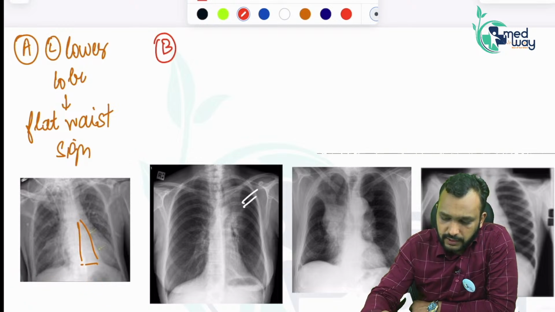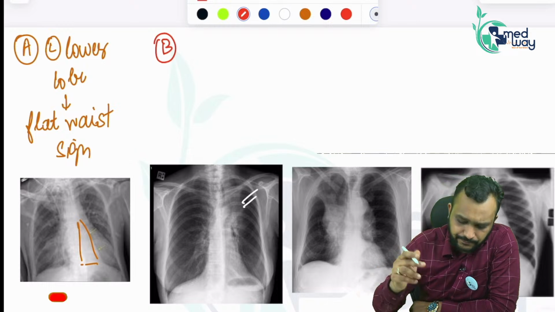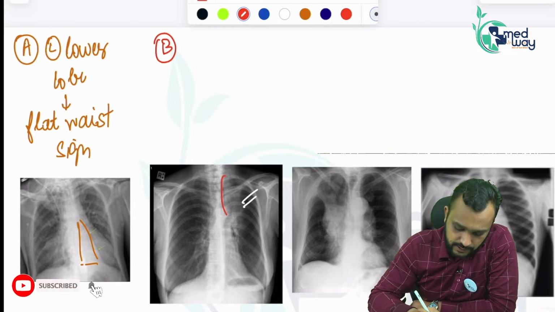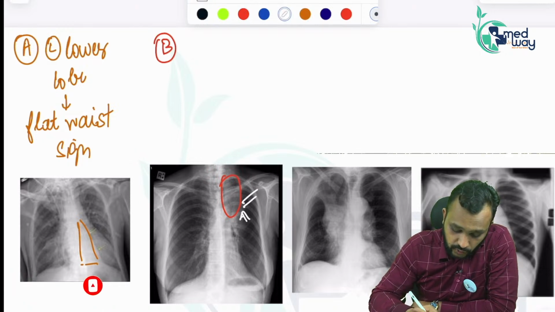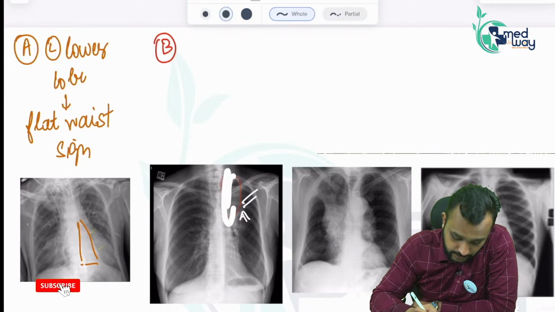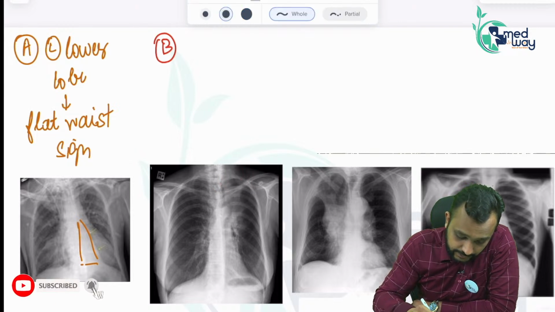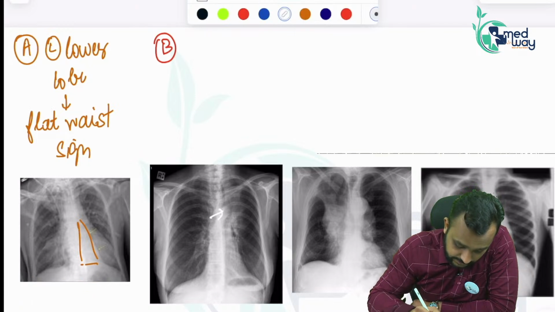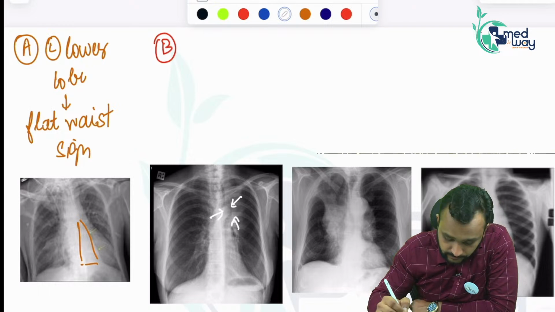So in image B, guys, what we can see is that there is a homogeneous opacity in the left upper zone, right? And along with that, you can see that there is a sickle shaped air around the arch of aorta.